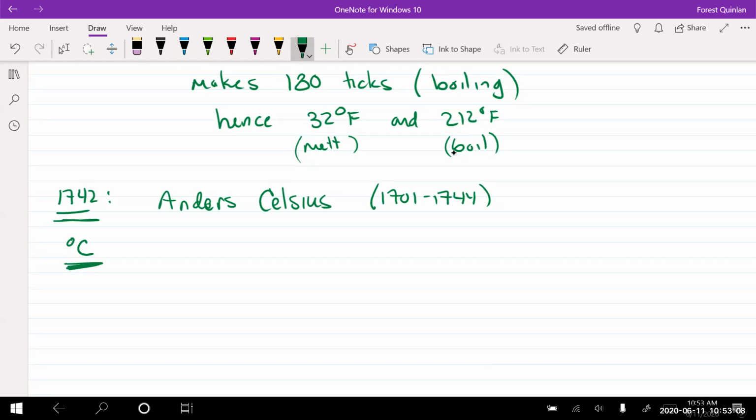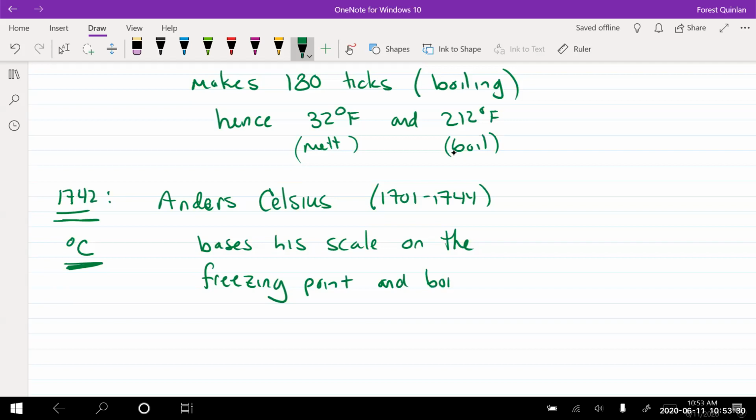Now, what he does, very much akin to Fahrenheit but a little better, is base his scale on the freezing point and boiling point of pure water.